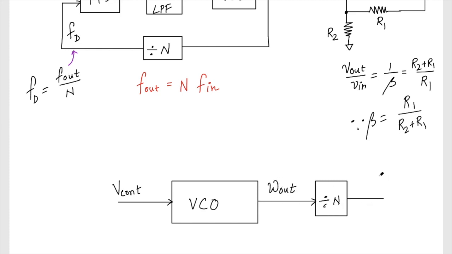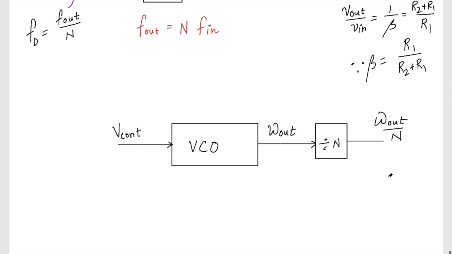Once we divide it, the frequency will be divided by N times. This is a very simple thing. So my new omega out, since we know that omega out is equal to omega naught plus K VCO by V cont, okay.